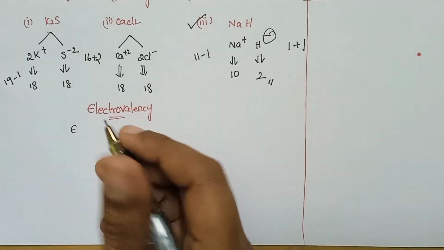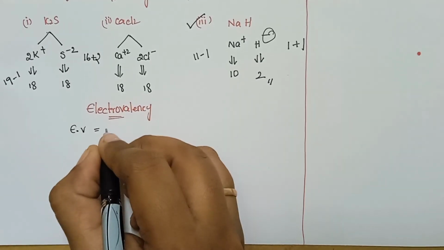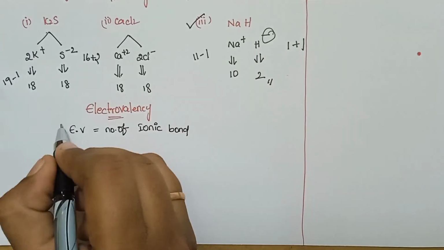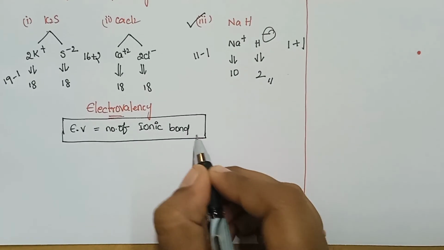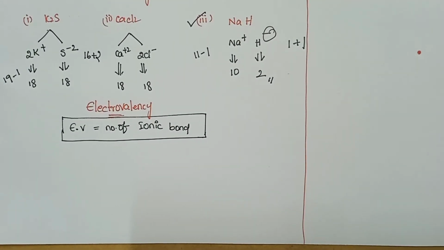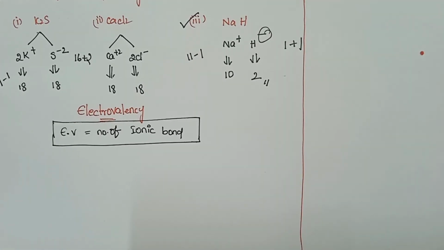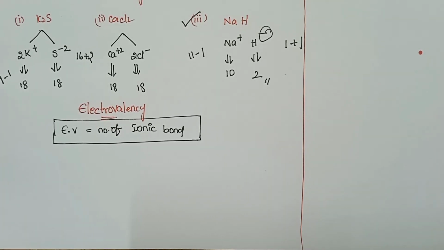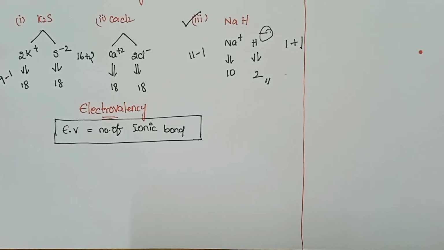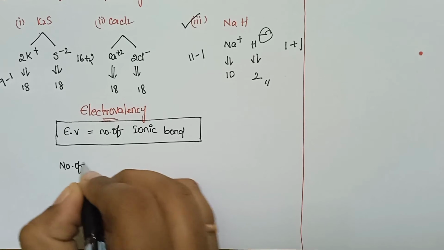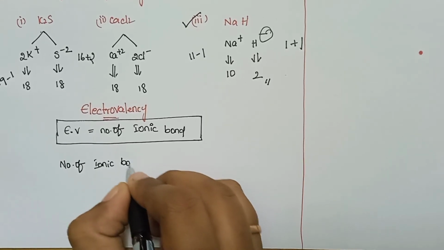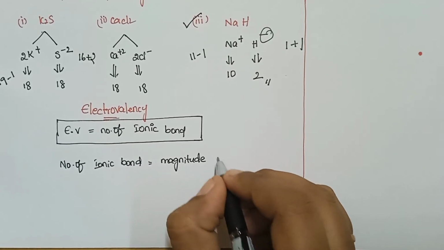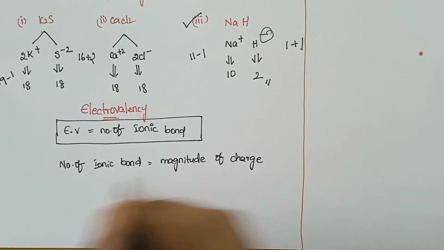That is, electrovalency is equal to number of ionic bonds. Also, number of ionic bonds formed by any ion is equal to the magnitude of charge.